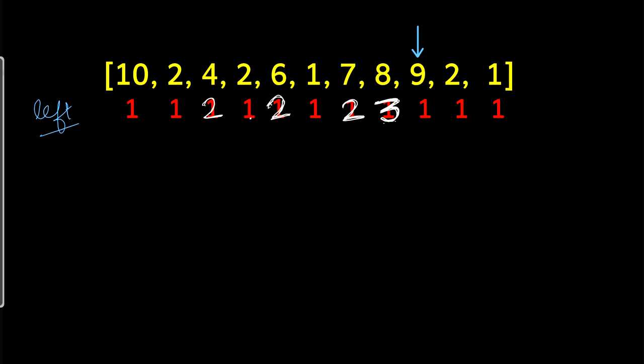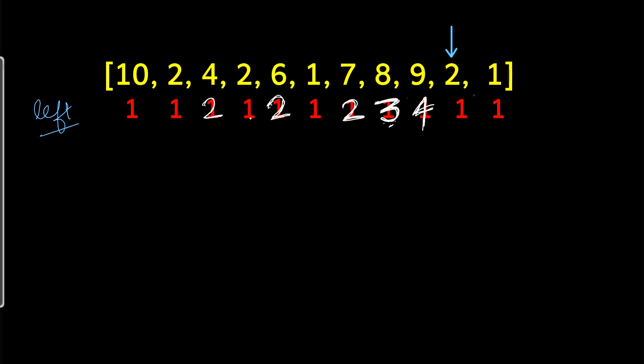Then for the next child, he got 9 rating. When I compare to the left child, it's 8. So 9 is greater than the left neighbor rating, which is 8. So this child should get more candies than its left neighbor. So here it is 3 + 1, 4. Right?